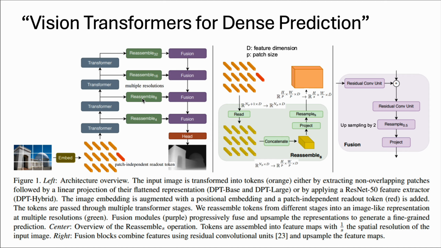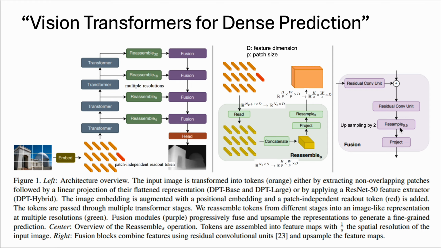Then after this resample module, we come to this multi-level, multi-scale fusion module. This purple module takes two inputs and generates one output, which is further explained here. It's also convolutional type of stuff, with some residual conv net unit and upsampling by 2.